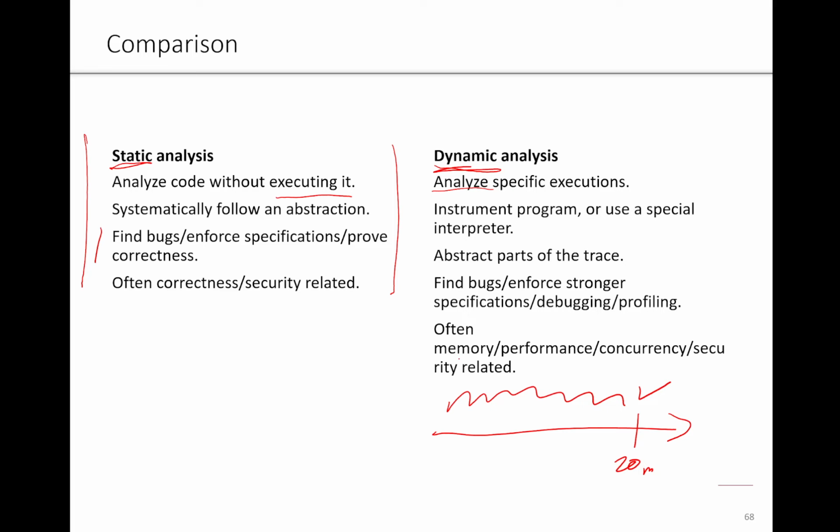So it's often memory related, performance related, concurrency, security related. It helps to find bugs, to profile your code, and to enforce a stronger specification. So if you detect that the CPU consumption or the memory consumption is out of bounds to what you expected, then you can identify that you made some mistake, and you can correct it.